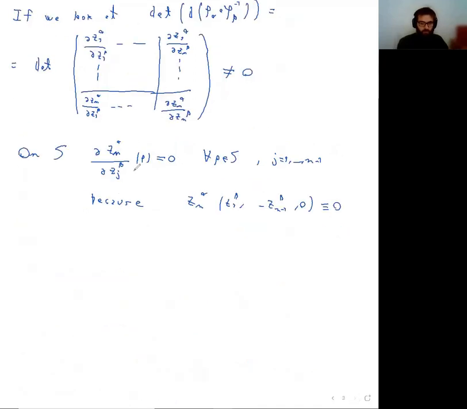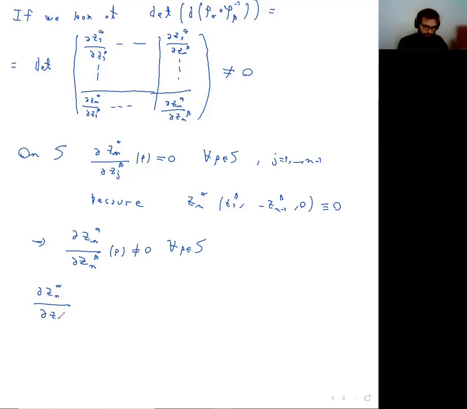So in particular, why did I care about this? Well, because this is telling us that the derivative of Zn alpha with respect to Zn beta at P is non-zero for every P in S. Because of course, if it were 0, then the whole row would be 0, and then this doesn't work. Okay, so we have this information, but we also have the other information.